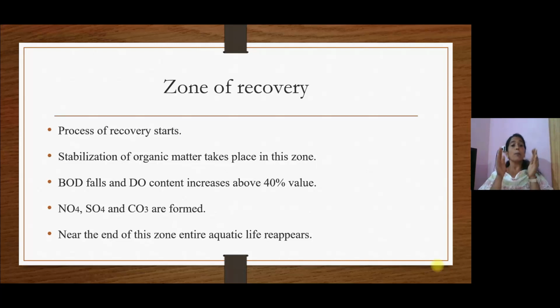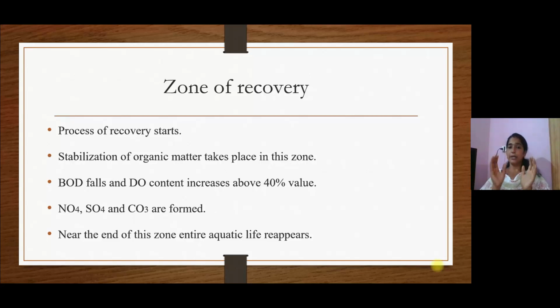Zone of recovery means the process of recovery starts. That is, stabilization of organic matter takes place in this zone. First reduction takes place and these reduced products will get oxidized and the stabilization of this organic matter will take place in this zone. The BOD falls and the dissolved oxygen content increases. BOD content will get reduced due to the organic decomposition of the waste deposited and the anaerobic decomposition that happened in the previous zone.